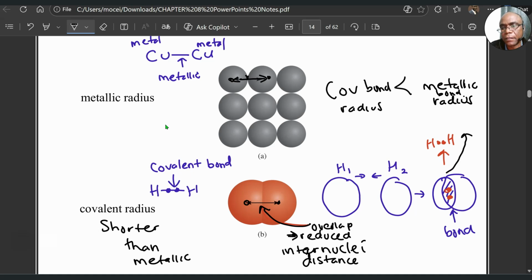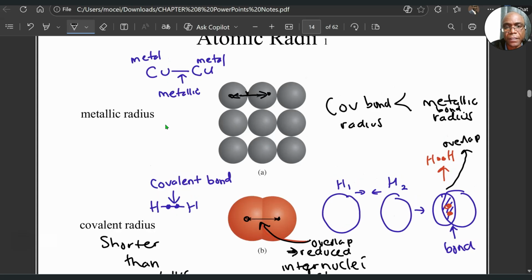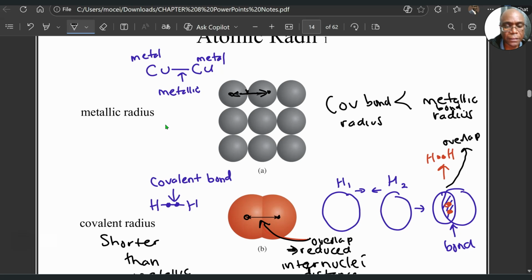Right here, there is an overlap of the atomic spheres. So atomic radius is shorter in covalent bonds than in metallic bonds. That's the conclusion.